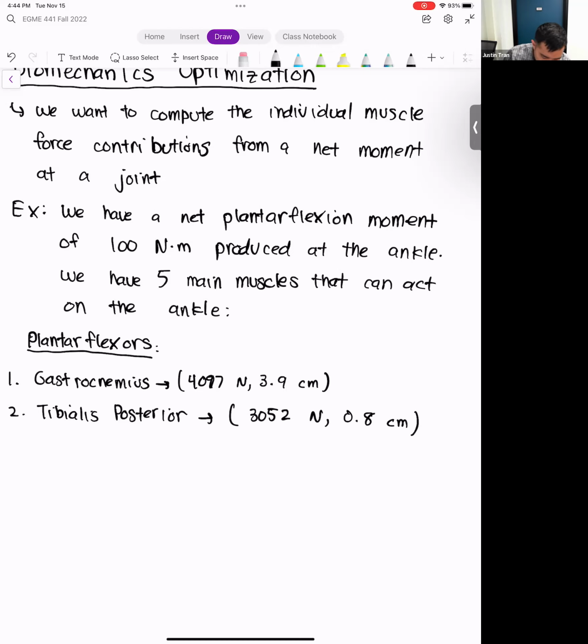So it's very close to the joint. And the third muscle is called the soleus. The soleus muscle has a maximum force of 6,435 newtons and has a moment arm of 3.6 centimeters.